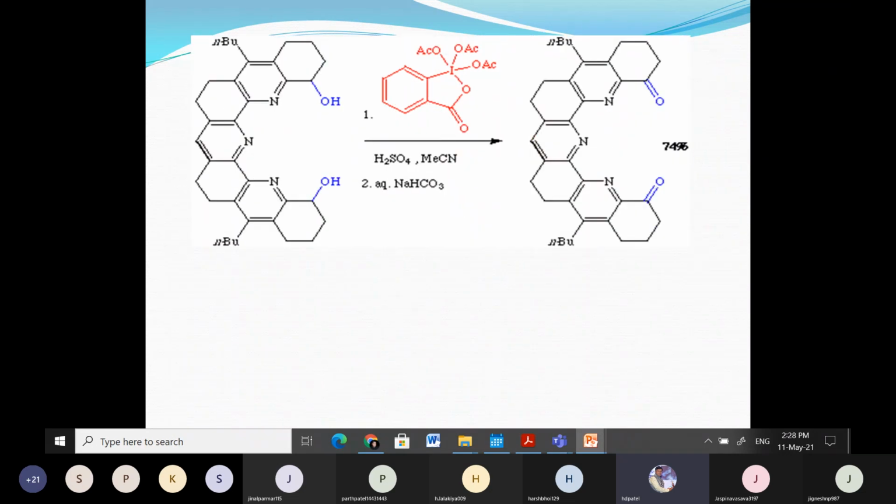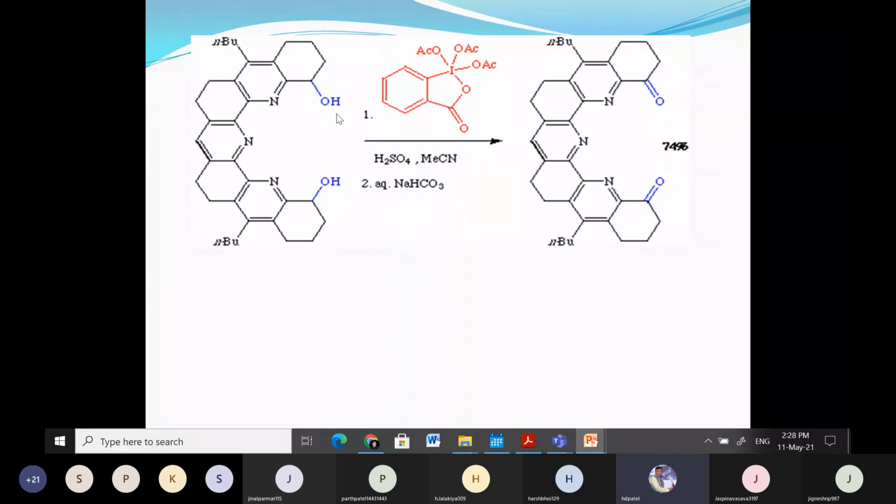Here is another compound in which we have an OH, but the OH is attached with a cyclic ring which is not an aromatic ring. When the ring is not aromatic, it is a non-aromatic OH, that is, an alcoholic OH, here a cyclic alcohol.